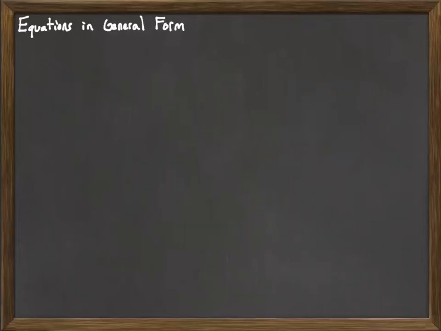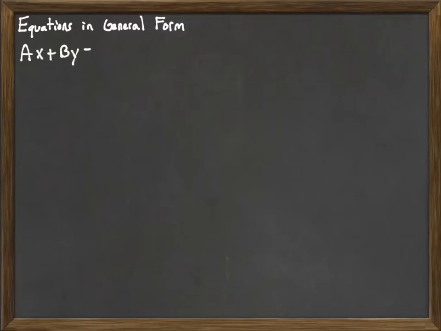Okay, some of the problems that you will encounter will ask you to put it in what we call general form. Now, each textbook will have its own certain way of handling general form. So I'm going to step you through the three different versions of general form that some textbooks use.